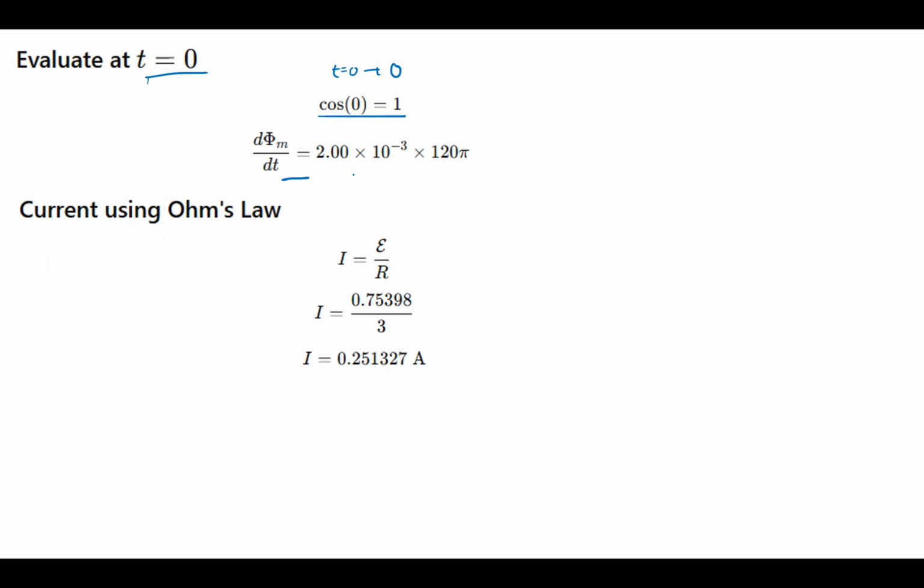You will find this is the value, and it is related to the electromotive force. And then the current is given by the electromotive force divided by the resistance, which is 3 ohm. Then you can get this one.